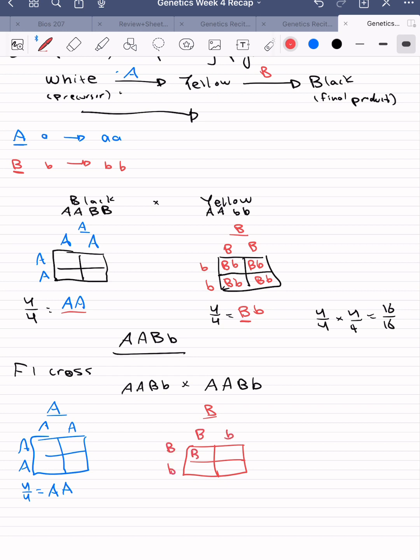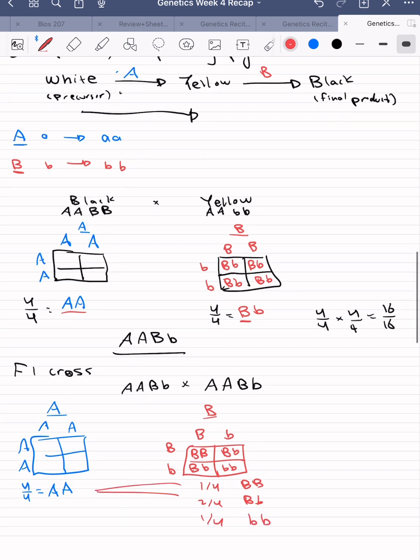And so we're going to have a couple different genotypes that are going to pop out. So we're going to have 1 out of 4 which are going to have the genotype big B, 2 out of 4 which are going to have the genotype big B, little b, and 1 out of 4 which are going to have the genotype little b.